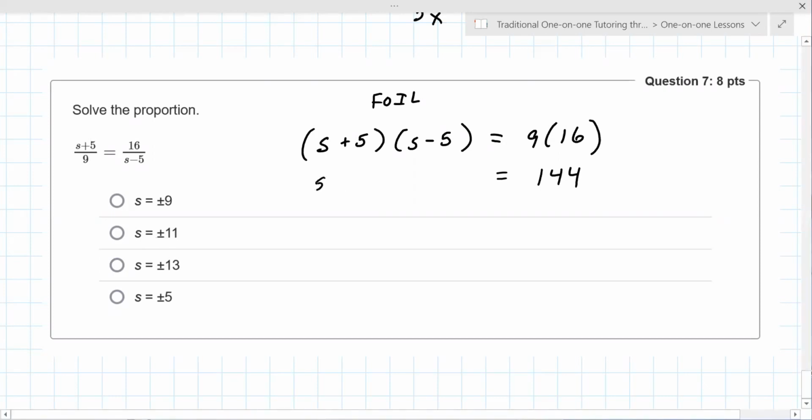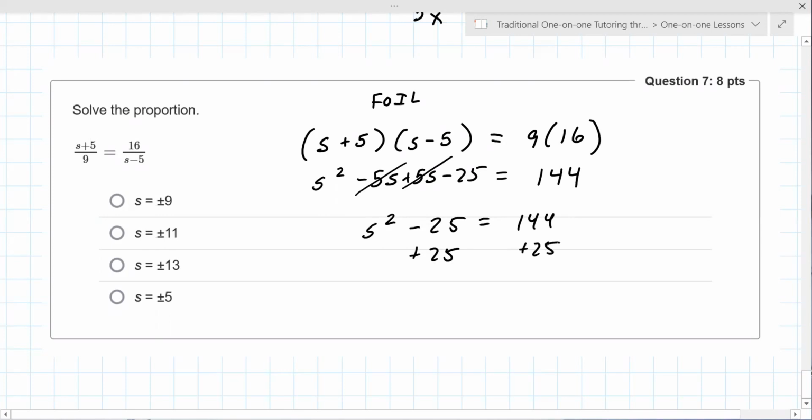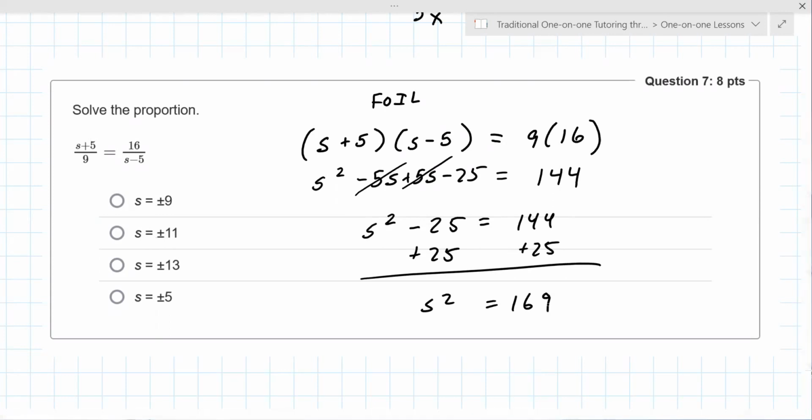Do you get s squared minus 5s plus 5s minus 25? Yes. So notice the outer and the inner cancel. So you're left with s squared minus 25 equals 144. You add 25 to both sides. s squared equals 169. Do you have your squares and square roots reference sheet still up? Yes. What is the square root of 169? 13. Very good.